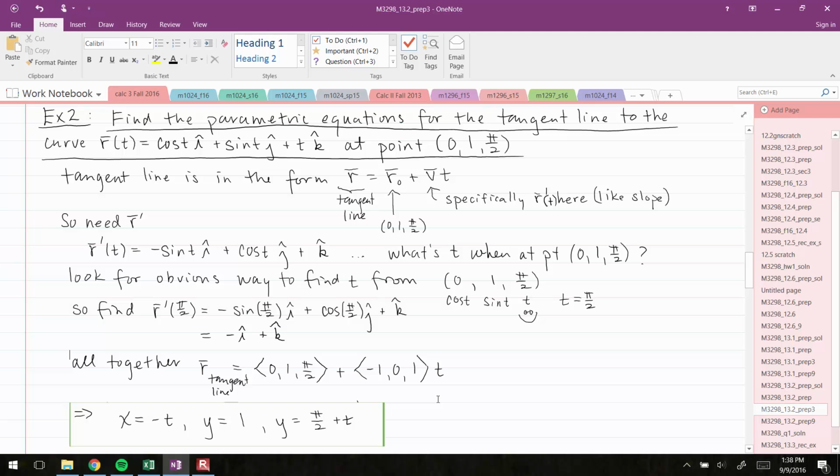It asks for the parametric equation, so we break it up into x, y, z. So x is 0 plus negative t, y equals 1 plus 0 times t, and so on and so forth.